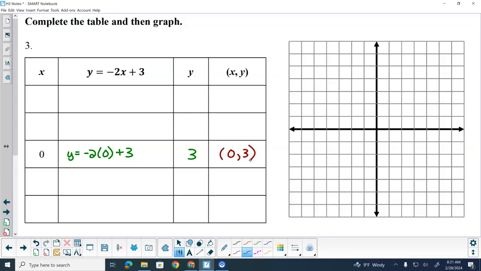Y is up and down, yes? Where do I go? Give me 2 directions and 2 numbers to get to the point 0 comma 3. Just up 3? Yeah, because we did it from the origin, right? So we're going to go up 3 from the origin. 1, 2, and 3. So that point should be on everybody's graph right now.